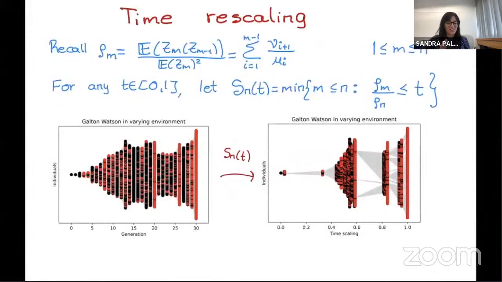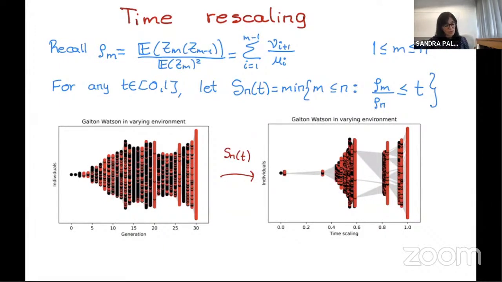But something important is that if we are working up to generation n, the Ci will be changing from 0 to n, and this is quite difficult to take care of. So what we need to do is to perform a time scaling.